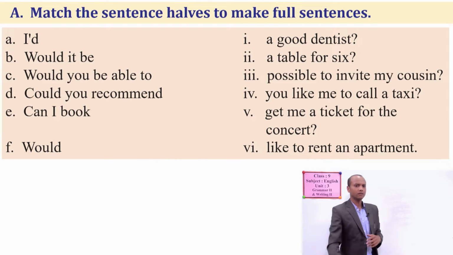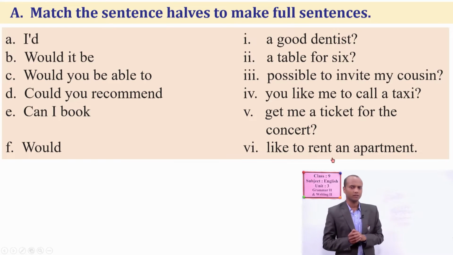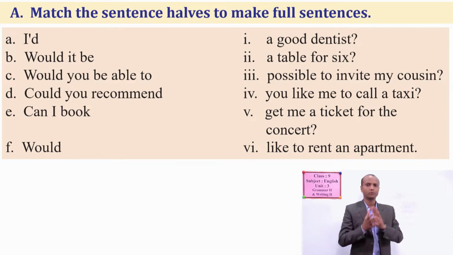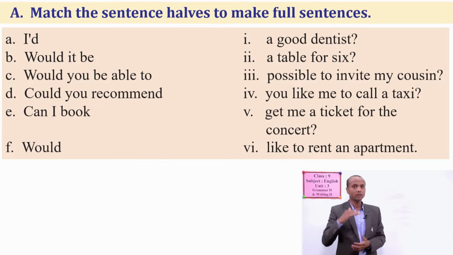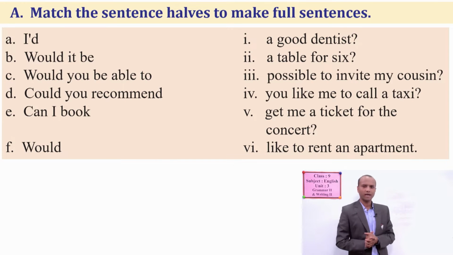You can see on the left hand side half of the sentences with would, could or can. Get it? And half of the sentences are there, and you have to match these sentences appropriately or correctly. Are you ready to do that? Good. Please do it now. And we'll come to the answers together.